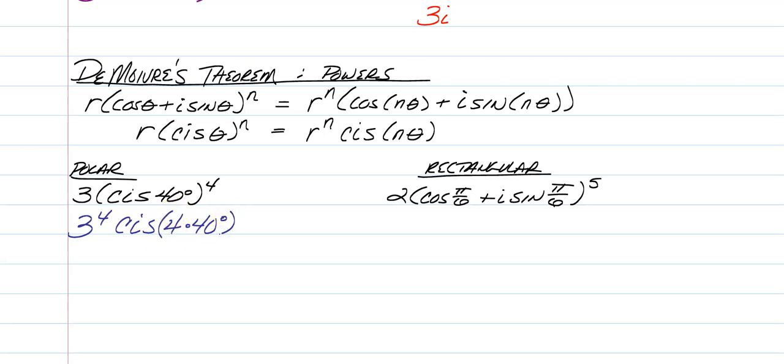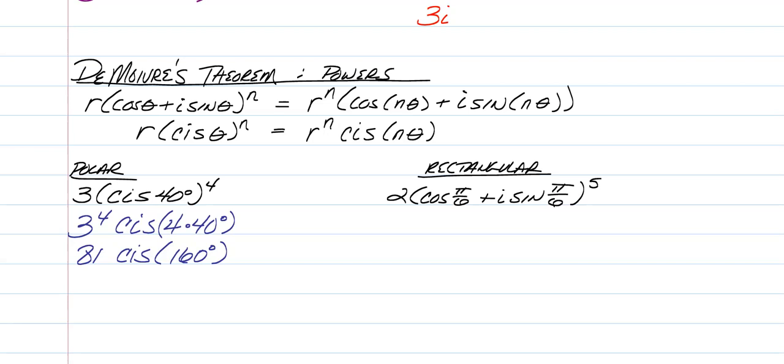Okay, so again, you raise the radius to the 4th power, and you multiply it to the angle. And 3 to the 4th power is 81. CIS. And then 4 times 40 is 160. And you're done. So again, similar things that you've done, it's just with trig.